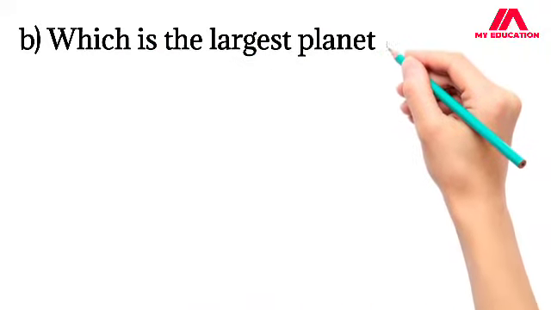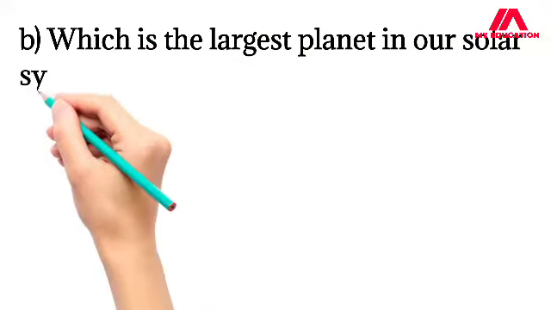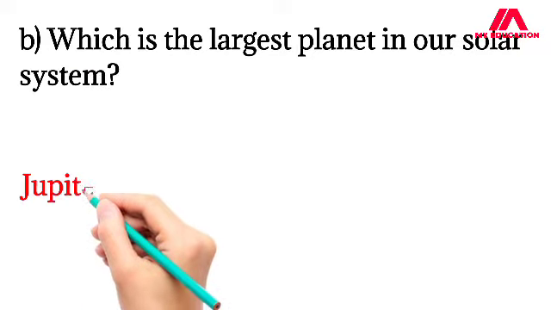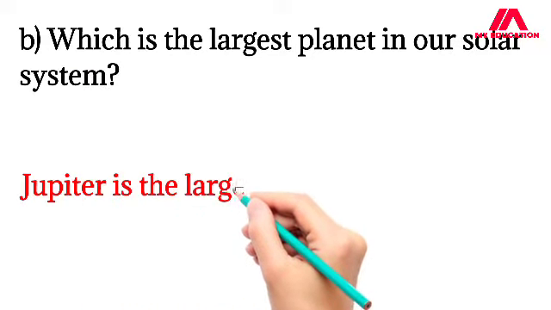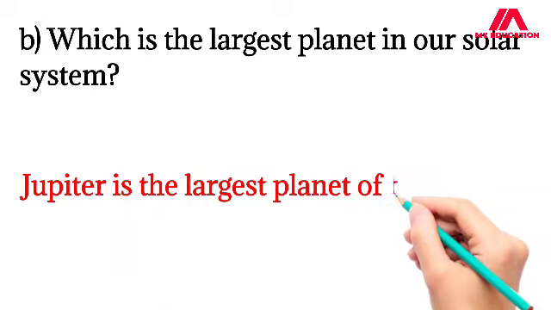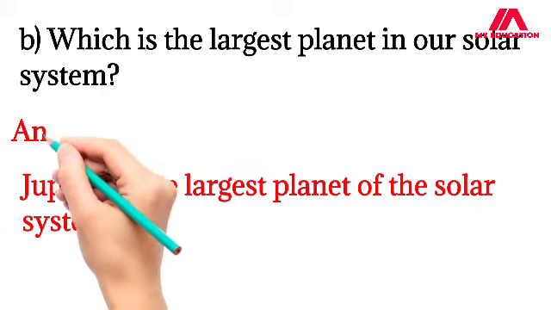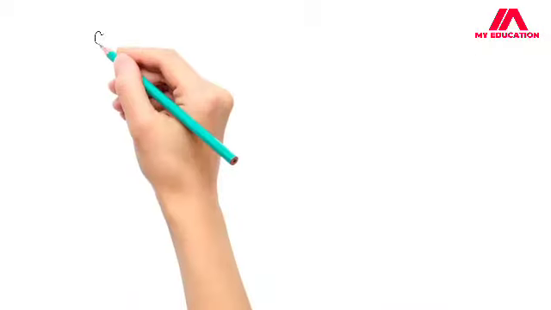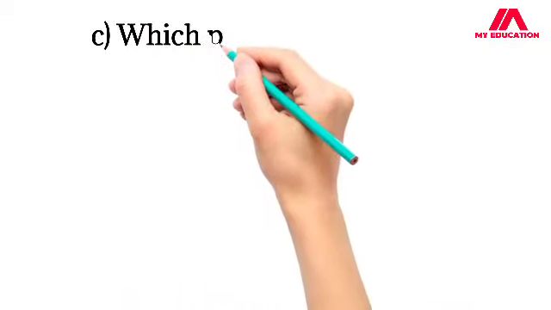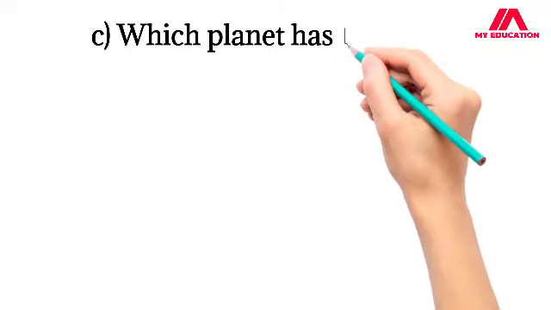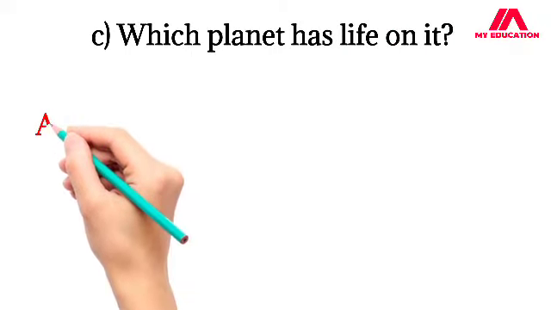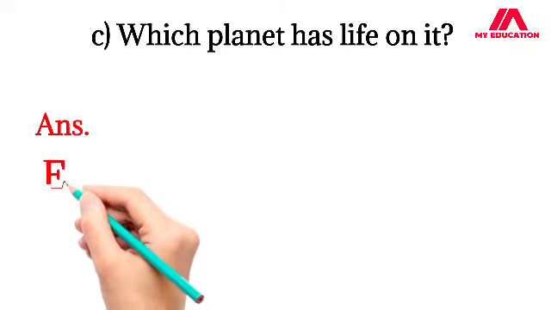B. Which is the largest planet in our solar system? Jupiter is the largest planet of the solar system. C. Which planet has life on it?